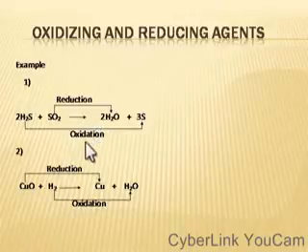Now, the second example. I said from copper 2 oxide to copper is reduction, being that copper 2 oxide is an oxidizing agent, and hydrogen is a reducing agent. So copper accepts 2 electrons, and it becomes reduced from copper 2 to copper 0.